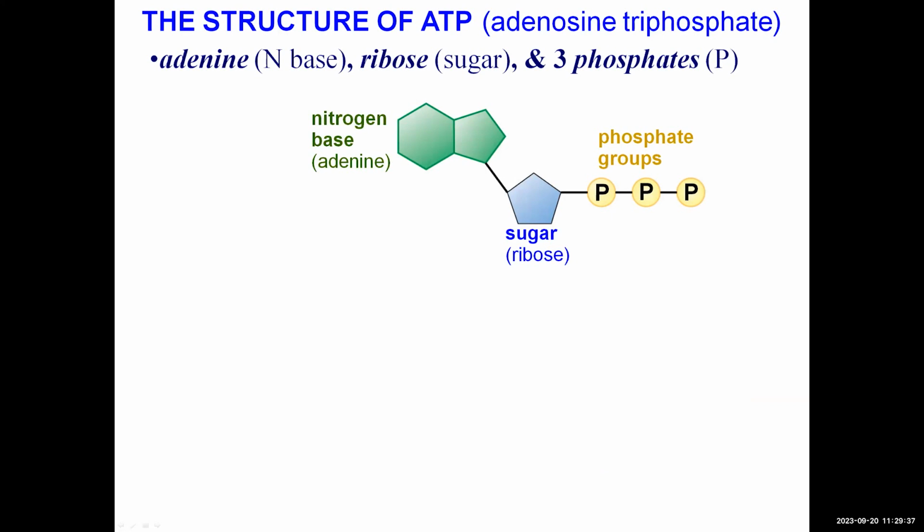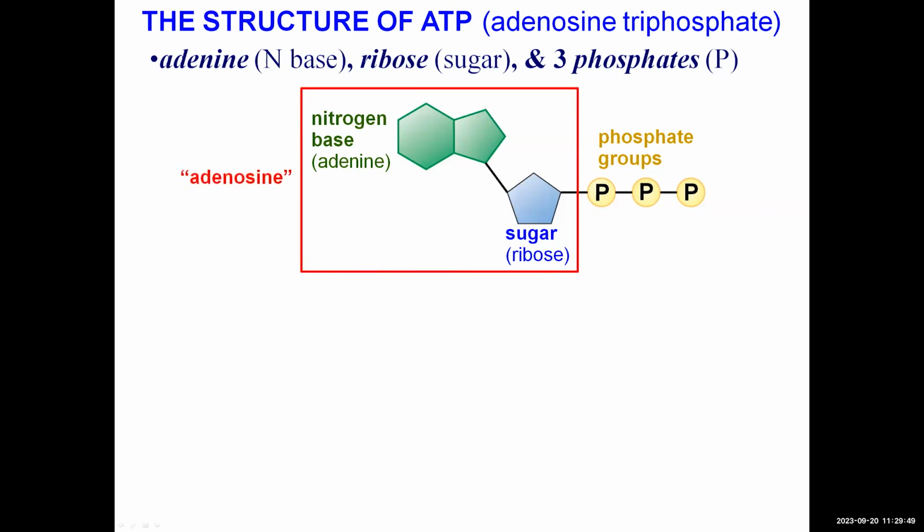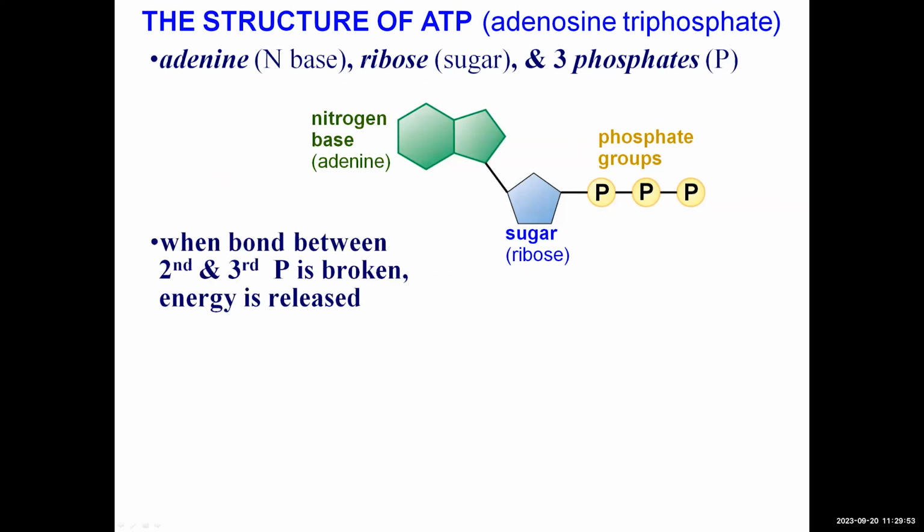So the only difference between this and the kind that's part of RNA is the extra phosphate groups. Energy is stored in the molecule in the phosphate bonds. When the bond between the second and third phosphate are broken, energy is released.